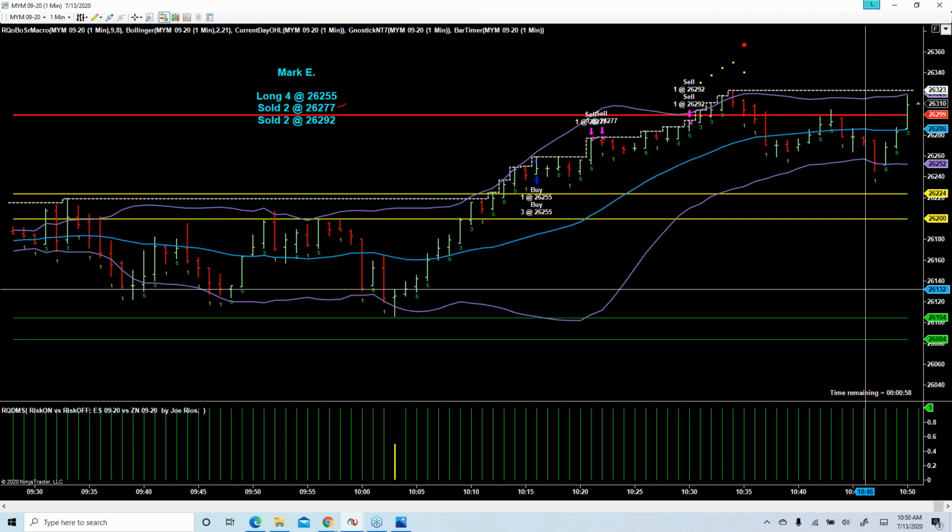Let's just do some math on this. 22, you want to multiply that by 5 for the mini Dow, and that's going to equate to $11 per micro. So if you made 22 points times 11 times 2, he made $48 on the first 2.